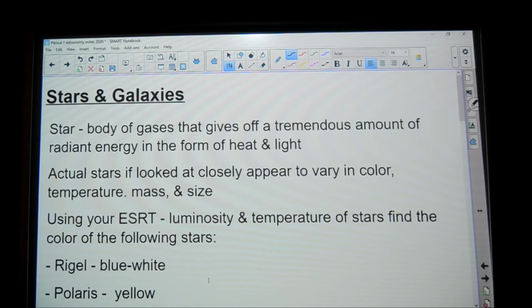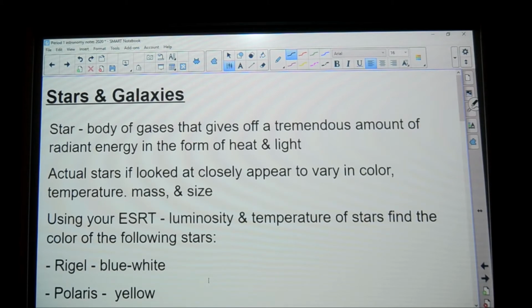Your vertical or your y-axis, also, just like when we did your stream velocity, they're not equally spaced. Neither is your x-axis. So I need you looking at your reference table, looking at find Rigel, read straight down, tell me the color.